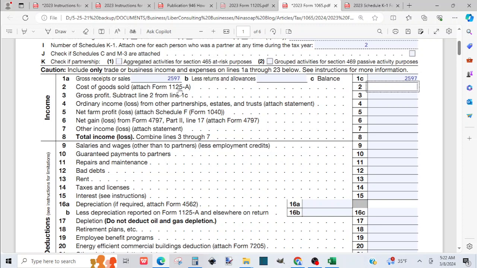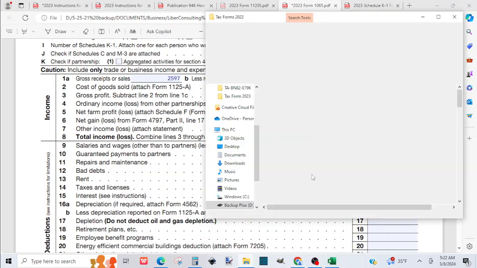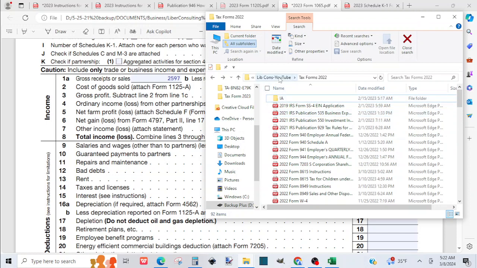We do have a video that went into detail on that. So we are going to quickly pull tax form 1125-A.